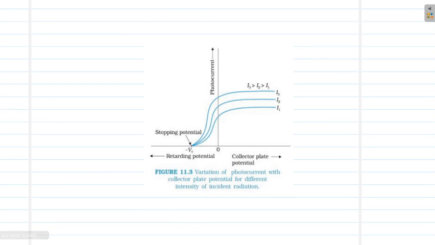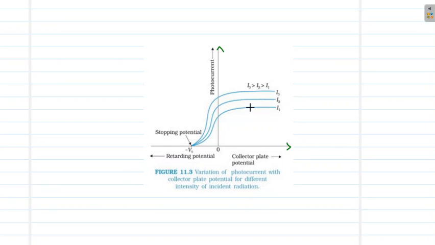So let me also explain one of the graphs related to the experimental observation. Here you can see in this graph, along the x-axis we are plotting the collector plate potential, the voltage applied between the plates A and B, and along the y-axis we are plotting the photocurrent. As you increase the potential, the photocurrent slowly increases and reaches a saturation value.